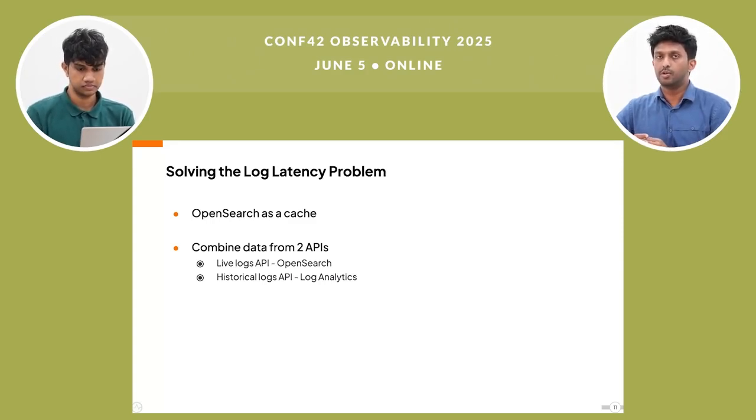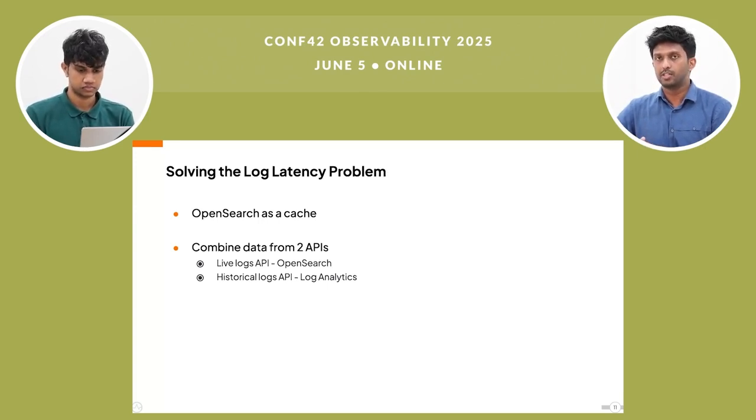Now, this deployment was a bit different from the current deployment that we had, because back then we used OpenSearch as a cache. Whenever logs are generated, we pump them into OpenSearch as well as log analytics, and we use two different APIs to fetch data and show them in the UI.